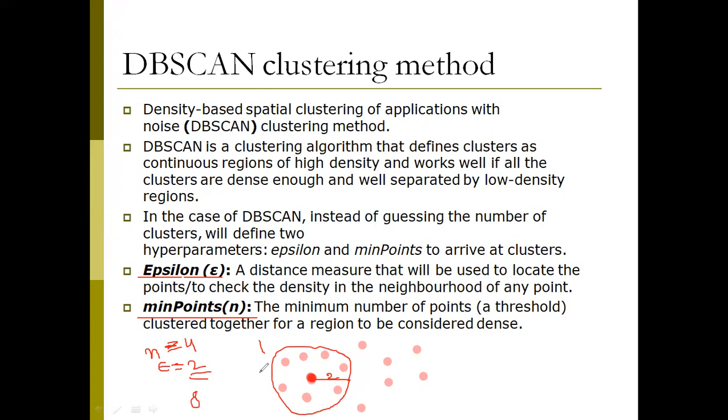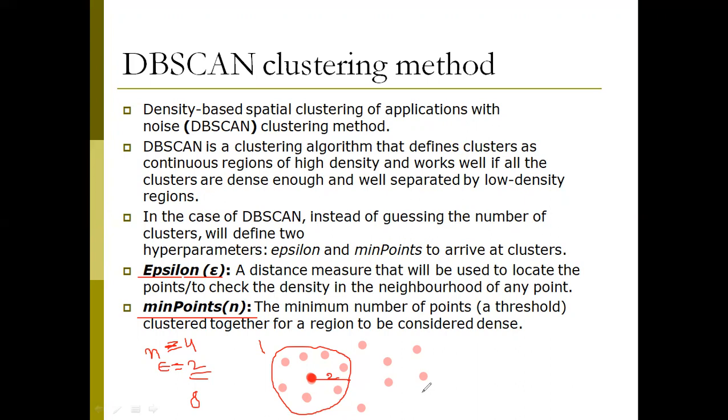It is the second condition. First condition: based on the epsilon, based on the radius from the center point, you should draw a cluster. And coming to the second point, what is it? First, assign a value for minimum points, n equal to something.